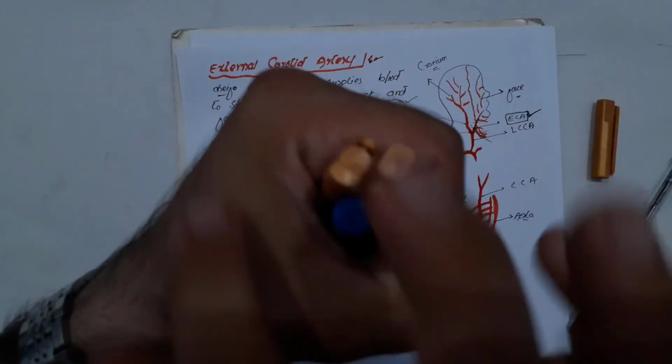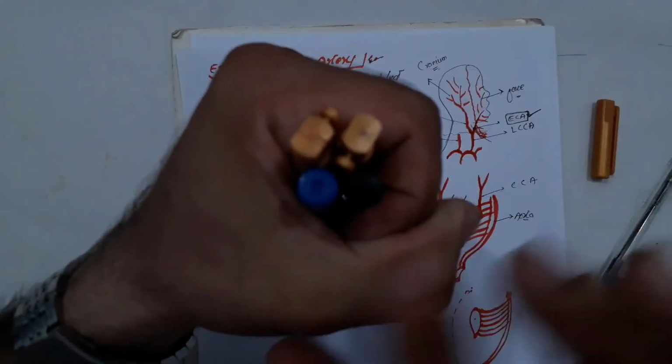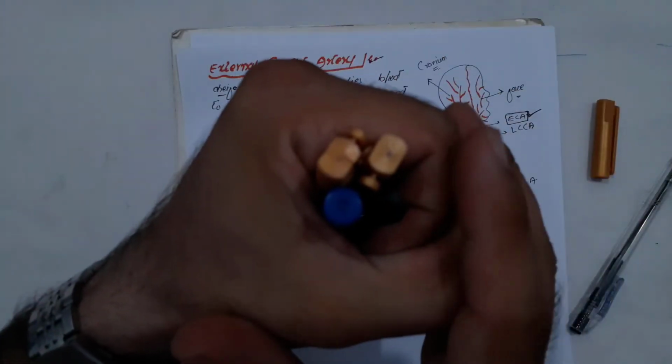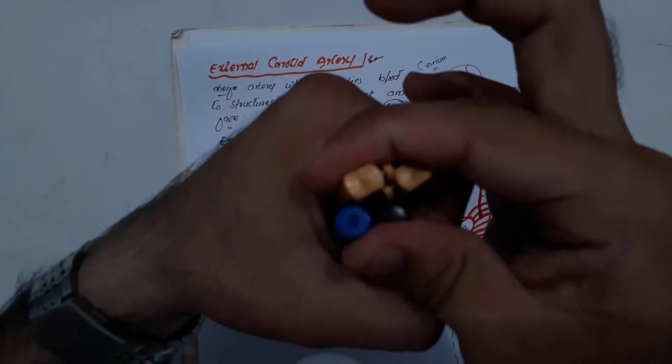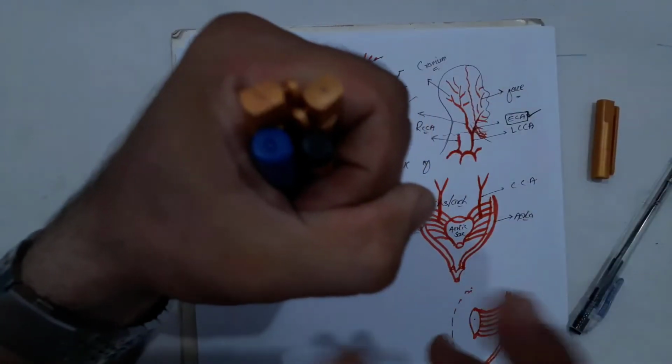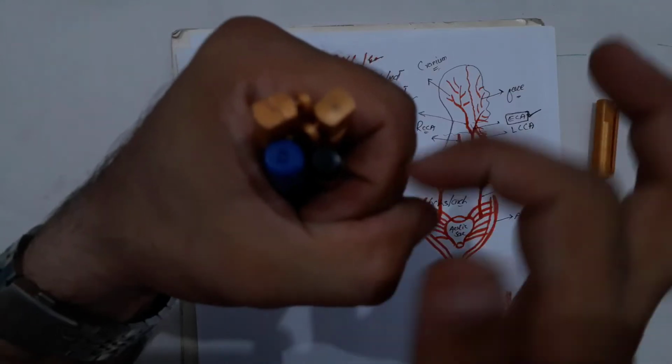So my hand is a carotid sheath. It is a fibroareolar tissue around the main vessels of the neck. Clear, friends?